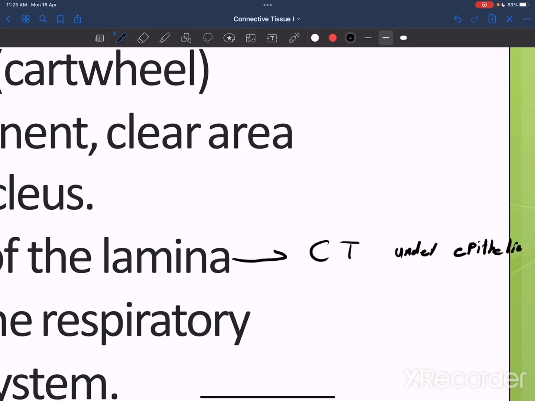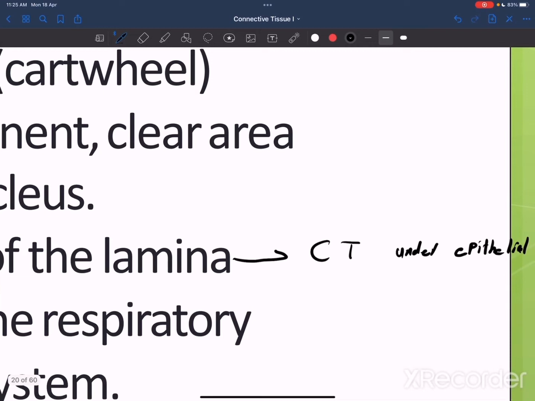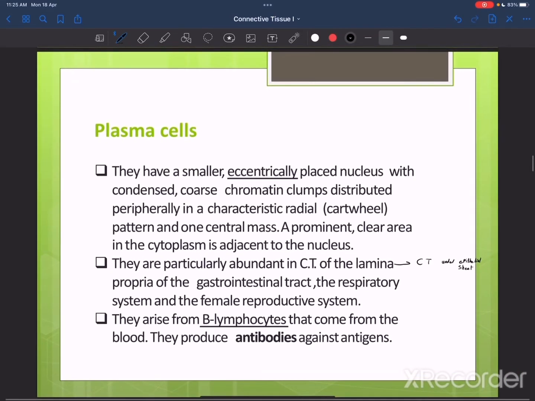It is different from the basement membrane. The basement membrane is related to the epithelial cell, at the basal epithelial cell, while the connective tissue lamina propria is another entity. It is a different type of tissue that supports the epithelial cells. The basement membrane is part of the epithelial cell.